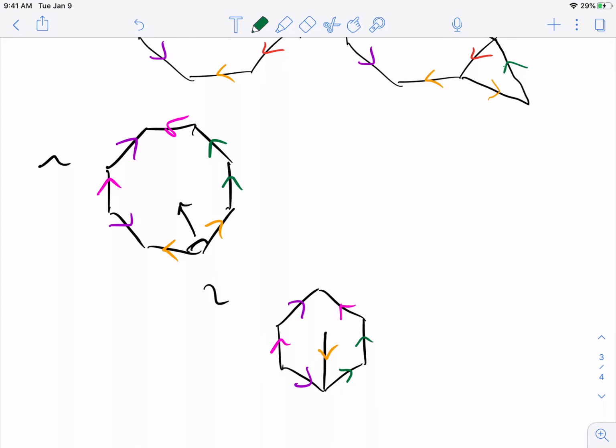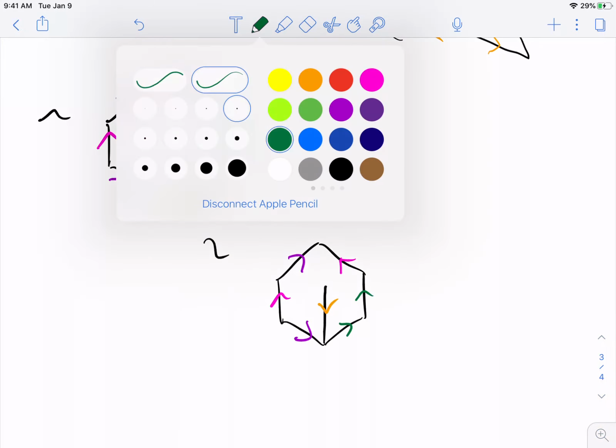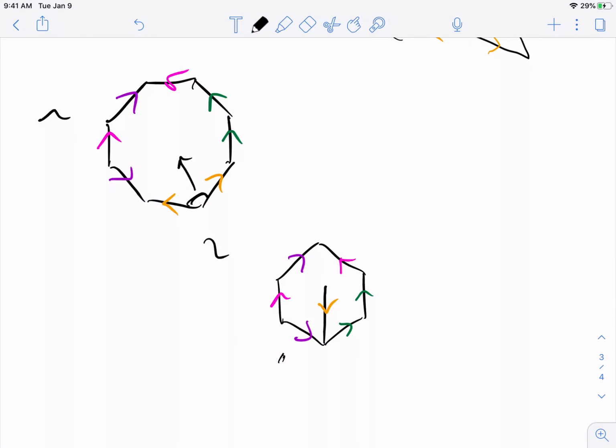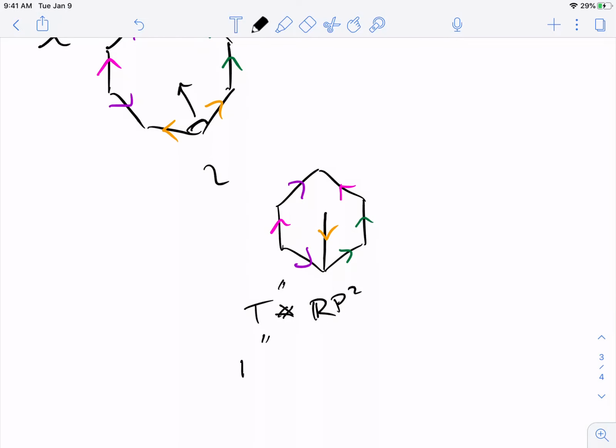And so now I just have something that I'm familiar with. This is just a torus connected sum with an RP2, which, as we know, is the same, I should always use this symbol, topologically equivalent, same up to stretching as 3 RP2s.